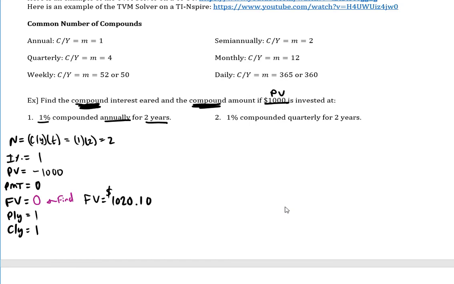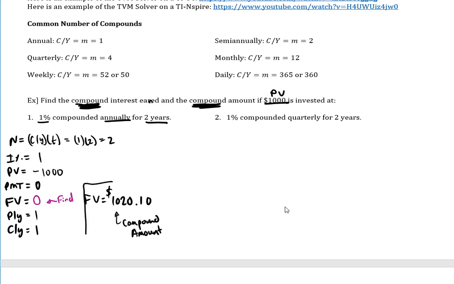Now we have to make sure we know what this answer represents. Going back, it said find the compound interest earned and the compound amount. So this is the compound amount. That's what the account is worth at the end of the cycle.